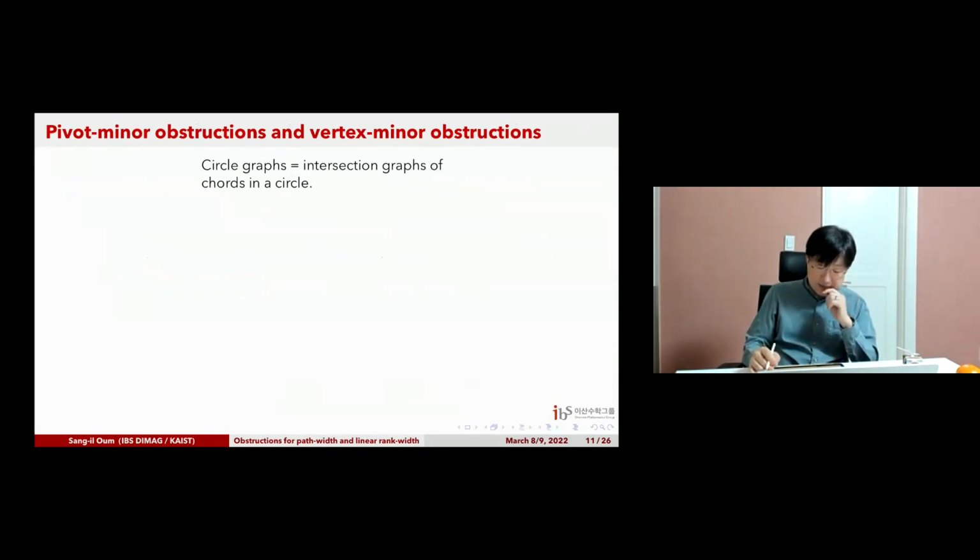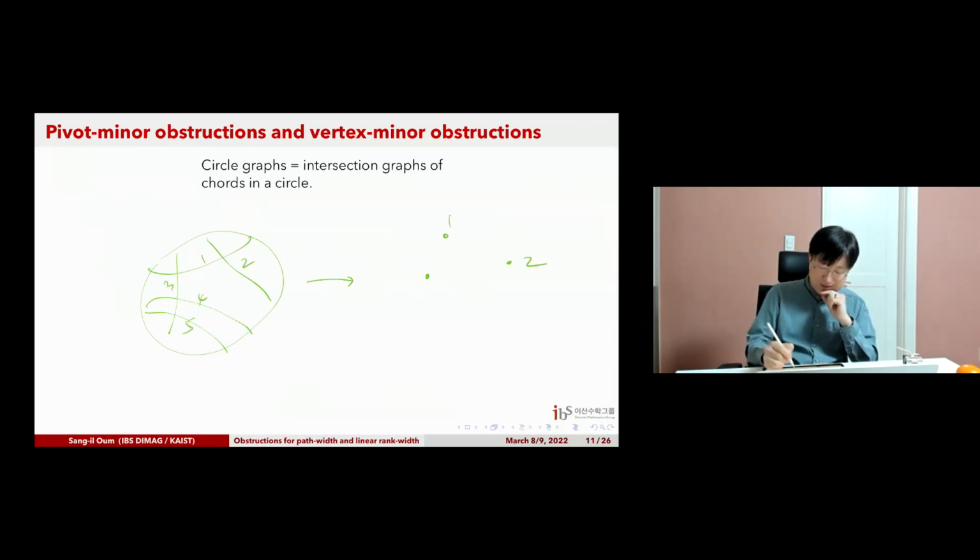So here's a canonical example class of graphs having nice description in terms of pivot minors and vertex minors. That's circle graphs. Circle graphs are intersection graphs of chords in a circle. So you have a circle and several chords. Then I can draw 1 vertex for each chord. Okay, so maybe I should better put numbers.